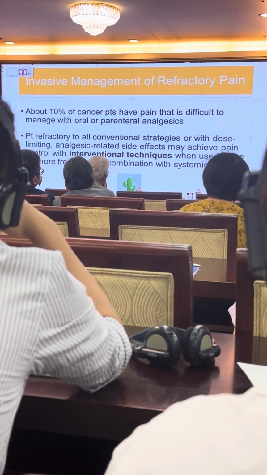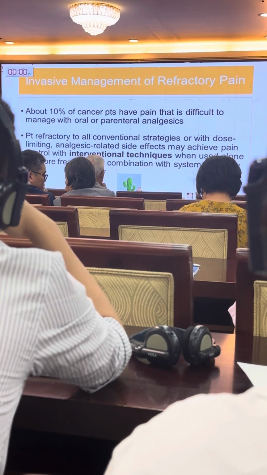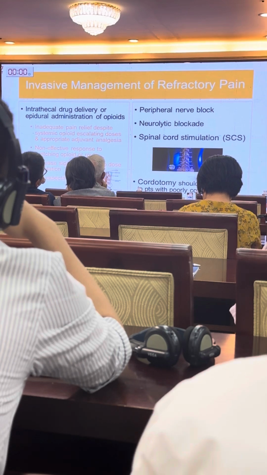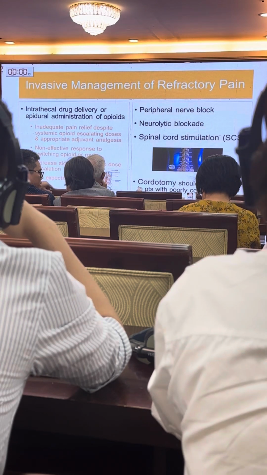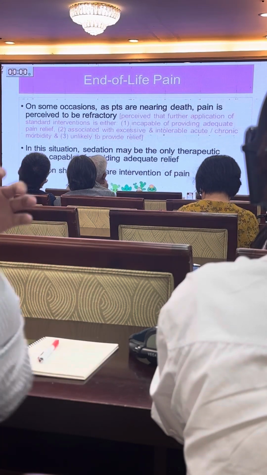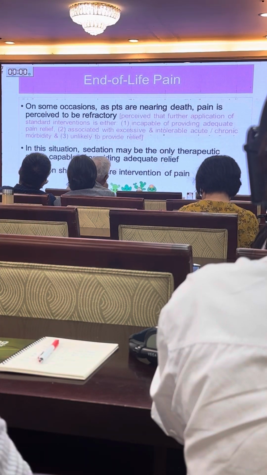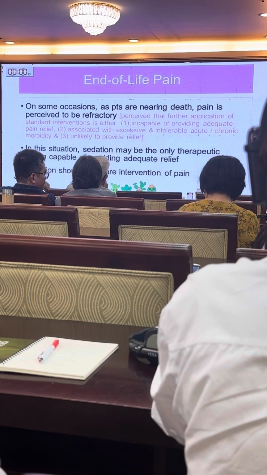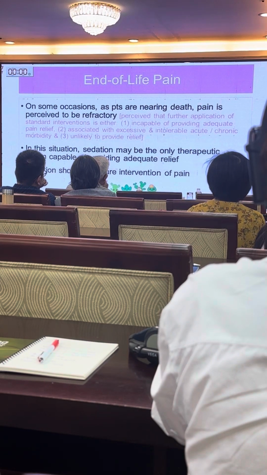About 10% of cancer patients do not respond to conventional treatment, so they might have to go for invasive interventional techniques, such as intrathecal drug delivery or epidural administration of opioids. At the end of life, on some occasions, as patients are nearly dead, pain is perceived to be intractable.